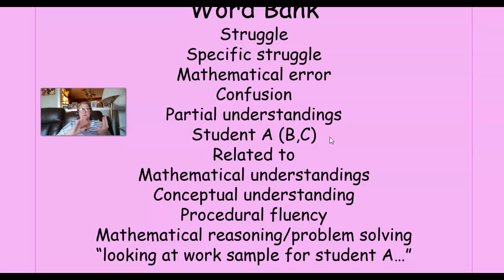You should be referring to student A, B, and C, the terms related to mathematical understandings: conceptual understanding, procedural fluency, mathematical reasoning, problem solving. These are all terms that should be seen. And "looking at work sample for student A" is a sentence stem that might be useful to you.